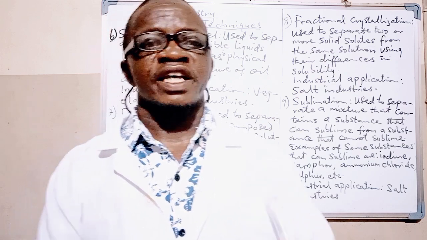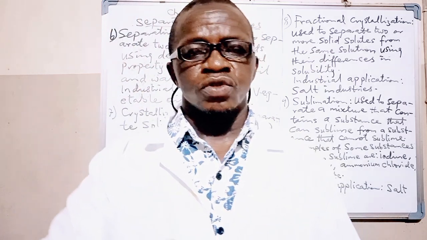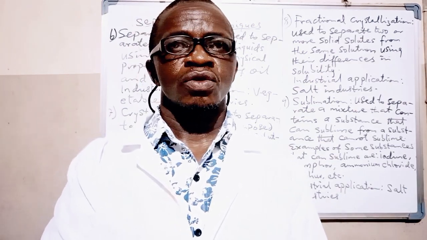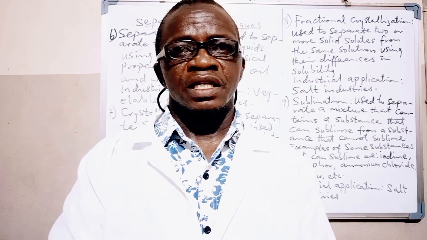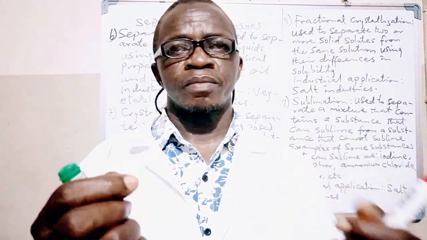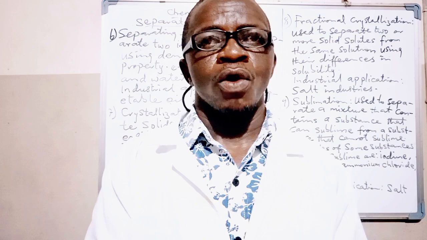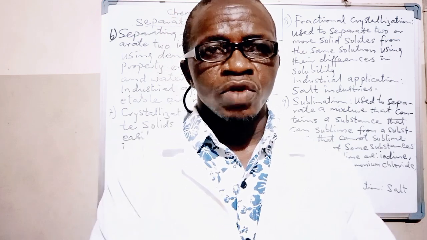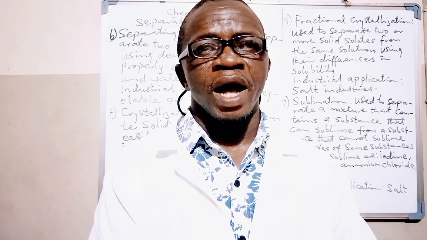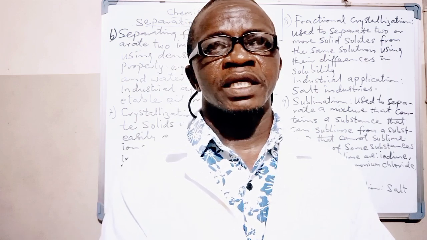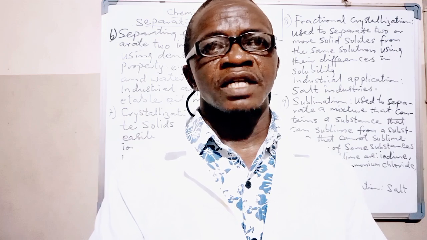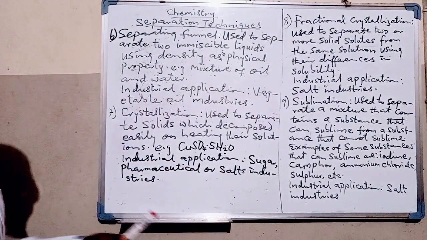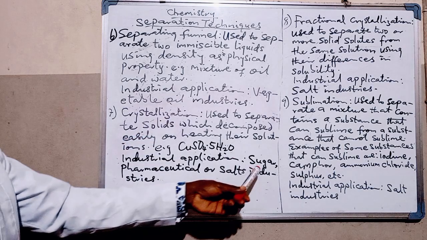Or use scratching. You use something like a stirring rod, put it in the beaker containing the mixture, and then scratch the bottom. Tiny particles from either the rod or the beaker falling into the solution will serve as seed. So they will hook on them and come out from the solution. So what am I saying? Seeding and scratching.